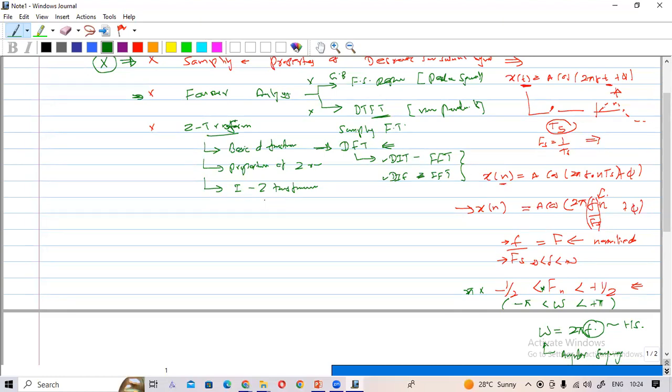But we have used some techniques to calculate the inverse Z transform. One is by examining the Z transform function, from which we can conclude the time domain signal. By looking at the definition, we conclude the time domain signal, that means we found the inverse Z transform.